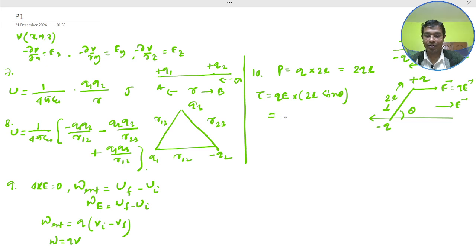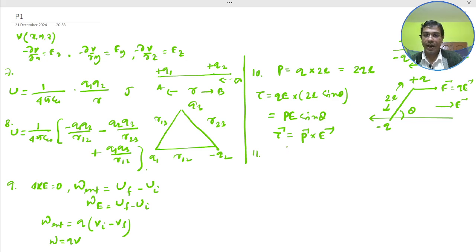And this is equal to PE sin theta, and tau equals P cross E. Tau equals P cross E.